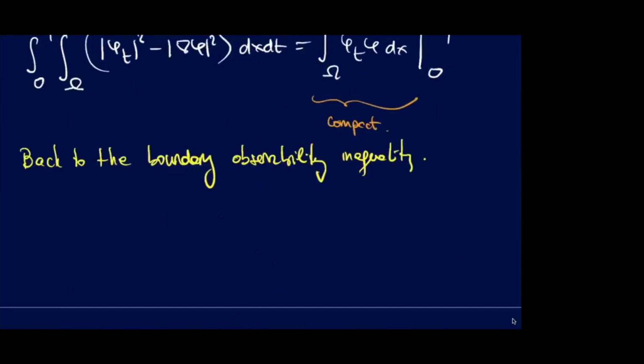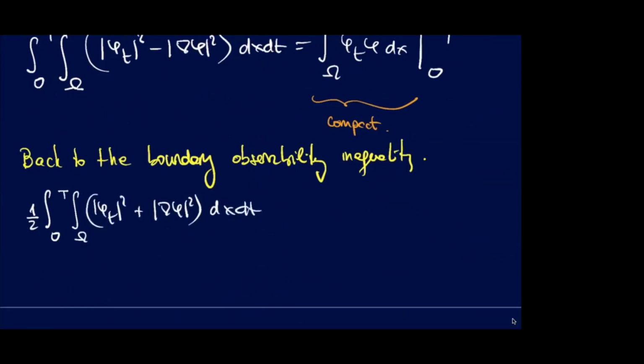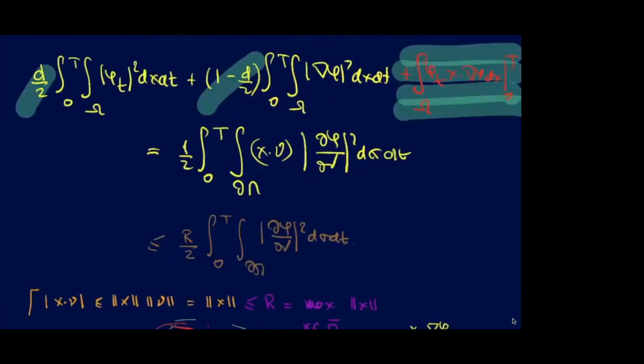There is a common term in both, which is 1/2 the integral from 0 to t, integral over omega, of phi_t squared plus gradient phi squared dx dt, right? So what I did was, from here, I took 1/2, so it will remain d minus 1/2.